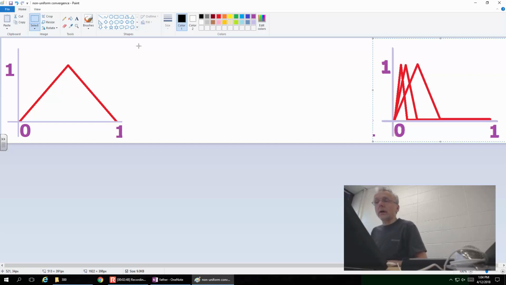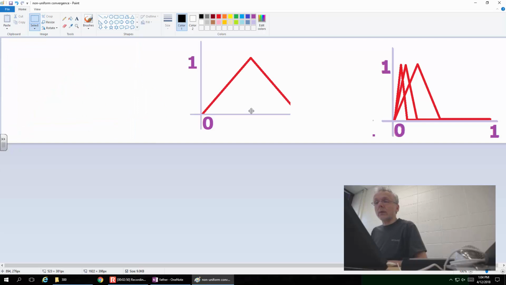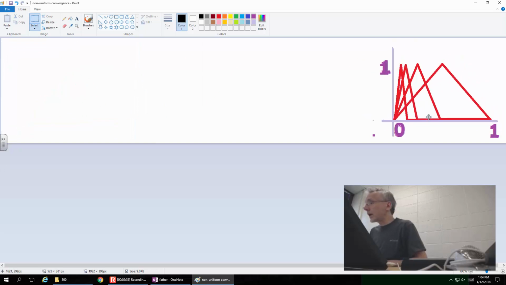Rather than drawing them one by one, what if I overlap them? And you can see the dynamics. The tooth is not moving as much. It is, like I said, narrowing. At the same time, that flat part of the graph is widening.